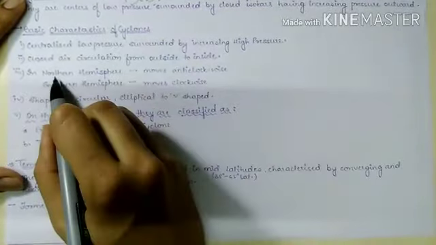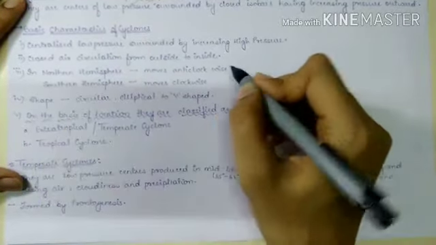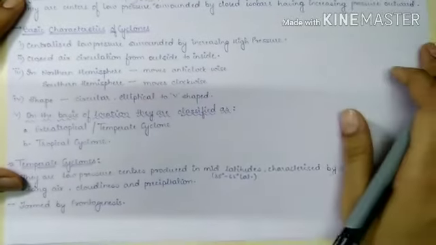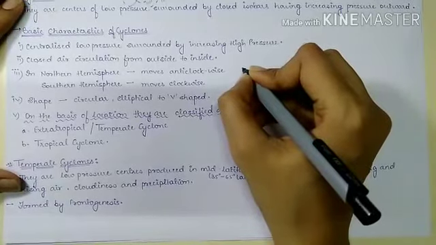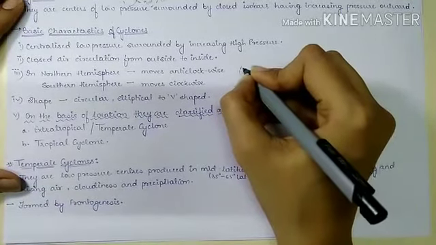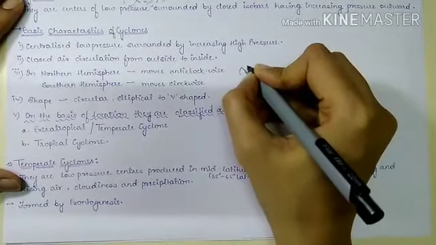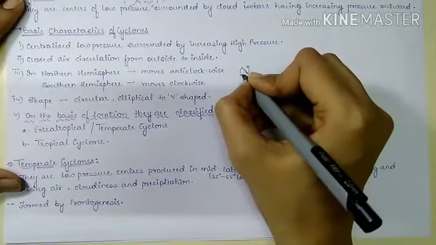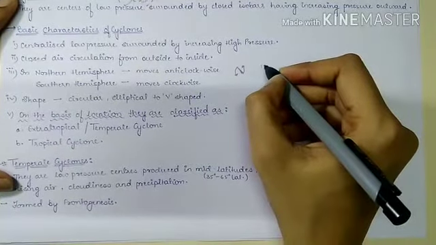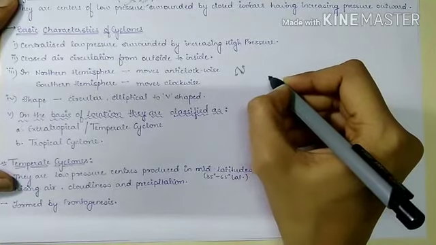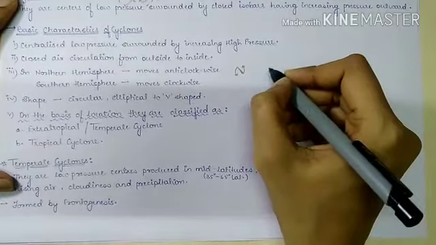Now we all may get confused whether in the northern hemisphere cyclones move anti-clockwise or clockwise. So there is a very nice trick. Make north like this. Now put an arrow. Now you will see that the movement of this arrow will be anti-clockwise.